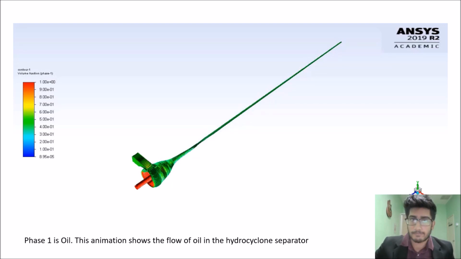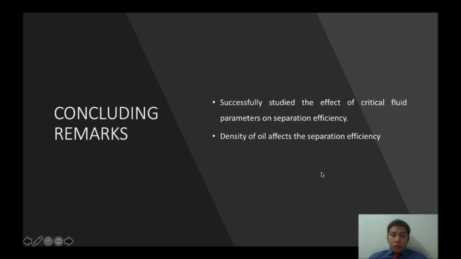Alright, to conclude our presentation, we can say that we have successfully studied the effect of critical fluid parameters, namely viscosity, oil to water ratio, velocity, and density, on the separation efficiency of the hydrocyclone separator. We also used the Coleman 2 hydrocyclone separator model for this.